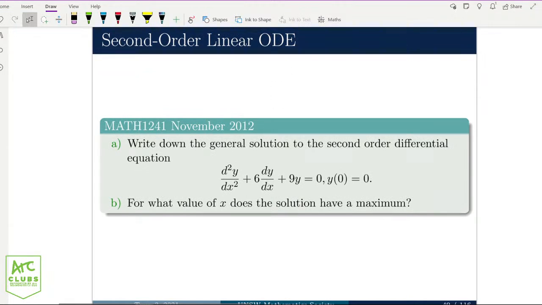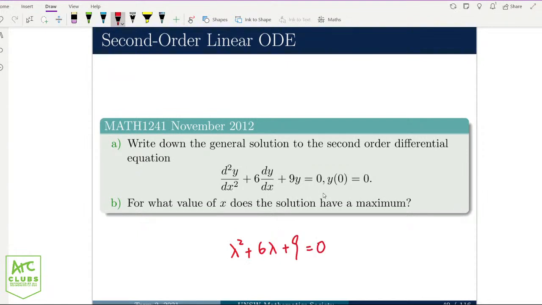So first of all, you should have immediately realized that this particular equation we're dealing with is a second order linear ODE, and specifically because we have that 0 on the right hand side, that tells us we're dealing with the homogeneous case. So how we can solve this particular ODE is to first solve the characteristic equation, which is given by this.